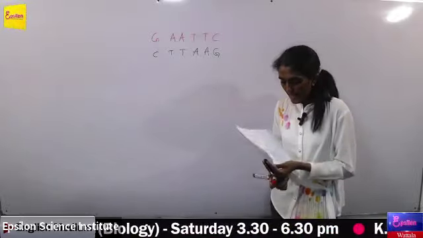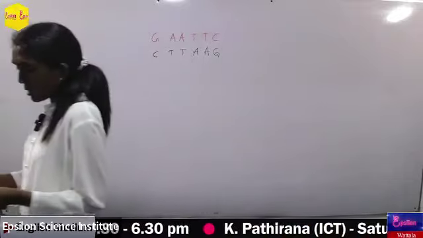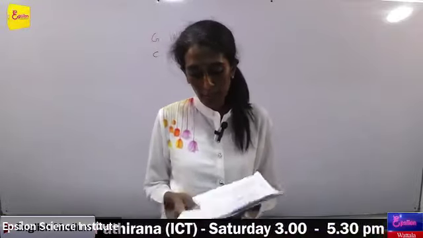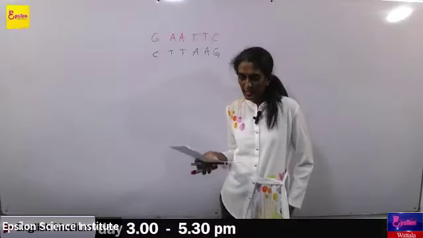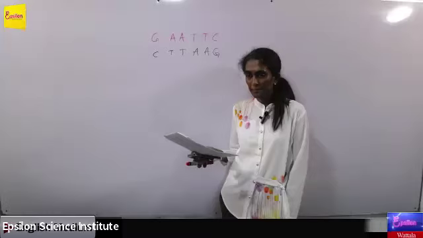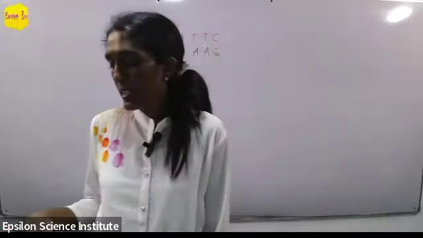Next one, there is a diagram of the DNA molecule given here. You are asked to label the parts. First one, thymine, nitrogenous base. Thymine only. Is there anyone who has written thymine only? It also can be considered. Number 2, cytosine, nitrogenous base.